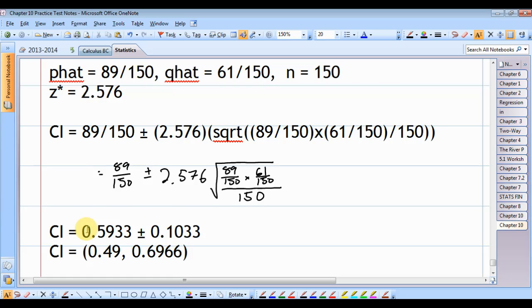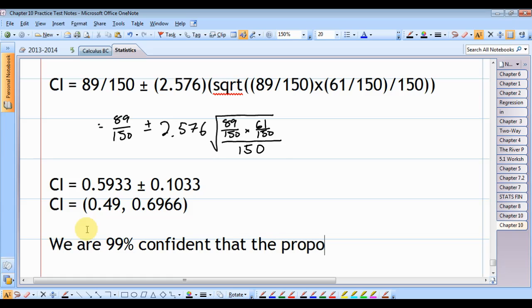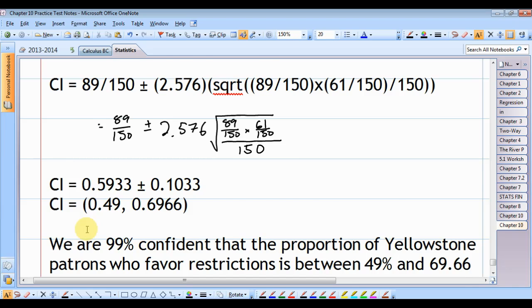Before we get to that question, let's give our write-up. We are 99% confident that the proportion of Yellowstone patrons who favor restrictions is between 49% and 69.66%.